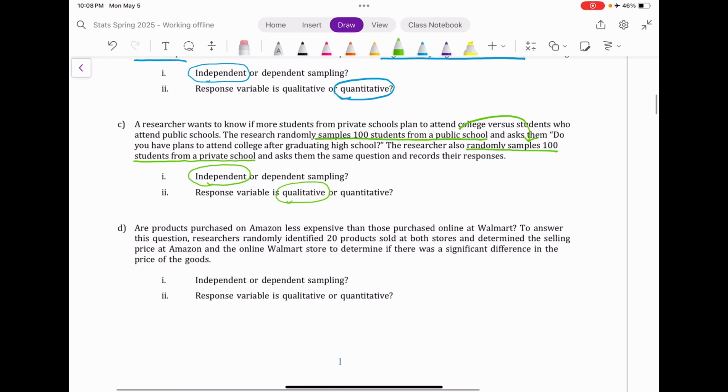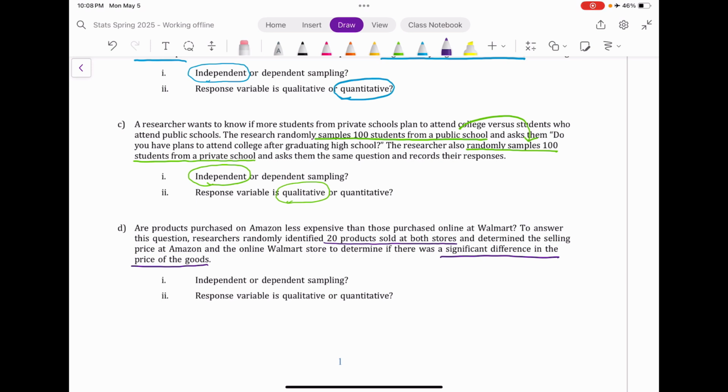Okay. Part D, are the products purchased on Amazon less expensive than those purchased online at Walmart? So to answer this question, researchers randomly identified 20 products at both stores and determined the selling price at Amazon and the online Walmart store to determine if there was a significant difference in the price of the goods.